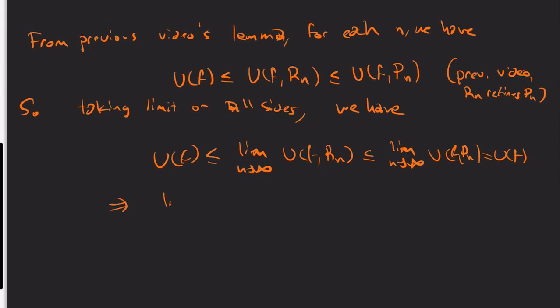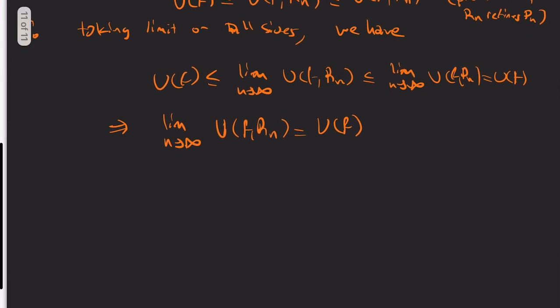So that tells us that the limit as n goes to infinity of U of f Rn is U of f.